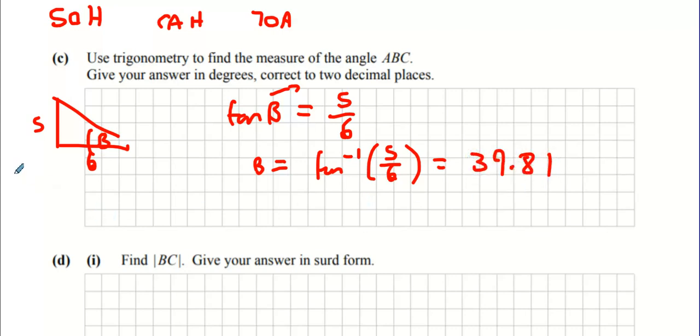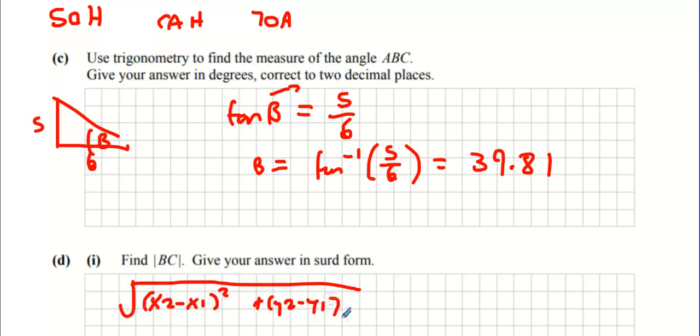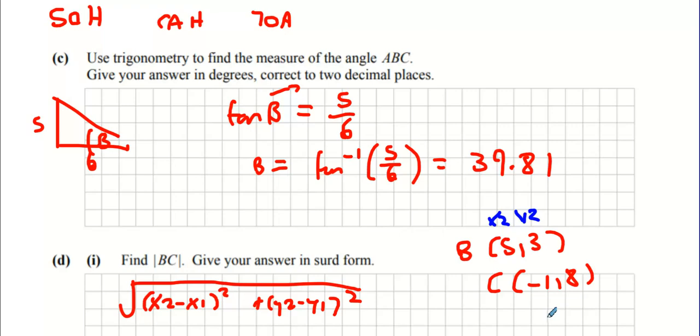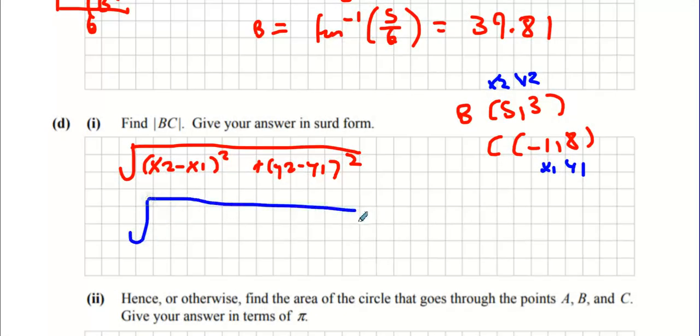Okay. Find BC, the length of BC, give your answer in surd form. So we're going to be doing the distance between points. We're going to be doing x2 minus x1 squared plus y2 minus y1 squared. And we know that B is 5, 3, and C is minus 1, 8. Might just call this x2, y2, x1, y1. Okay, throw it into the calculator.